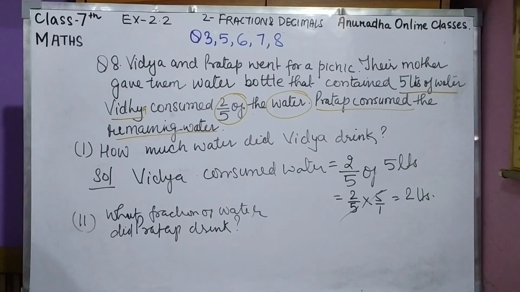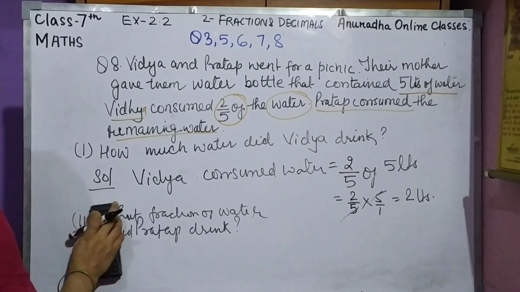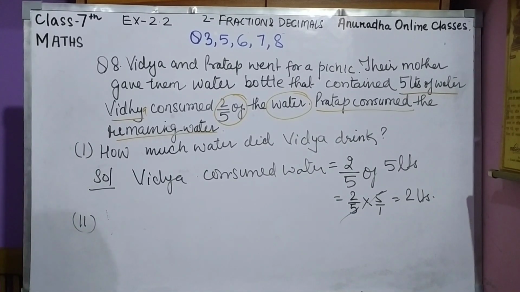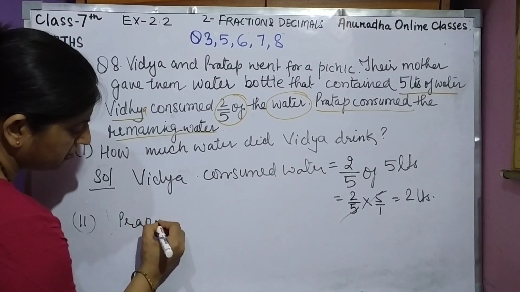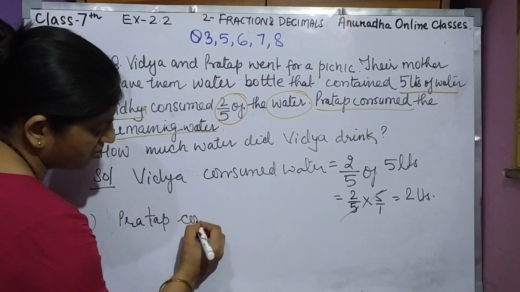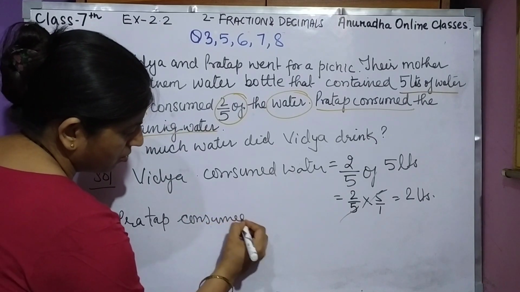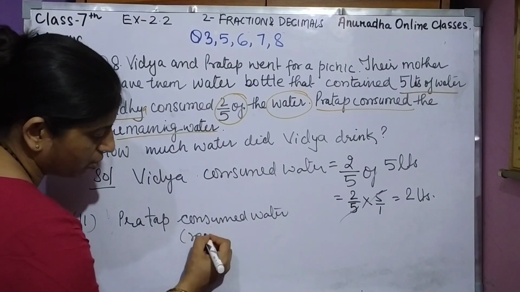This is the second part of the question. So how you'll do this? See, what you have to do. Pratap drank water, Pratap consumed water. How much water? That is the remaining water उसने कंज्यूम किया.